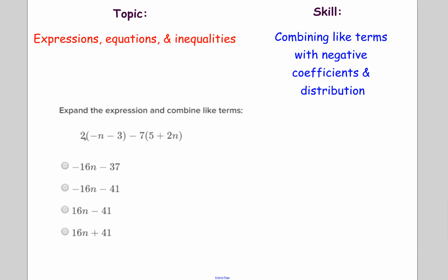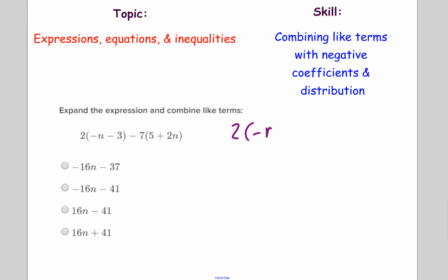If you take a look, this 2 in front of the negative n minus 3 really means I have two groups of negative n minus 3, right? All the stuff we've been doing with commas throughout the year so far, this is where it becomes very, very helpful, and you'll see why in about a second. I'm doing this so I make sure I write it down on my paper or whiteboard or whatever.